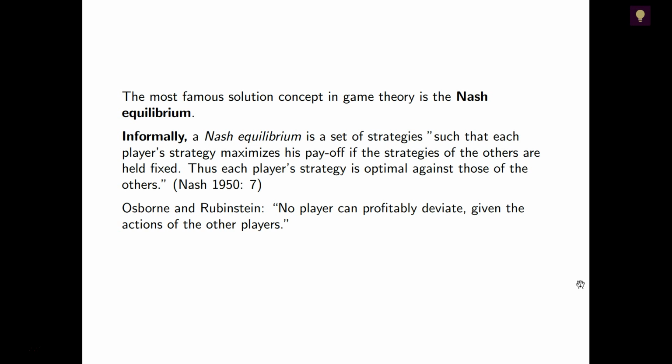That is, you cannot unilaterally deviate from the strategy that you're playing and make yourself better off. Given what you think the others are going to do, you're playing the best possible strategy you can. If that holds true for all players, then we've found a Nash equilibrium.